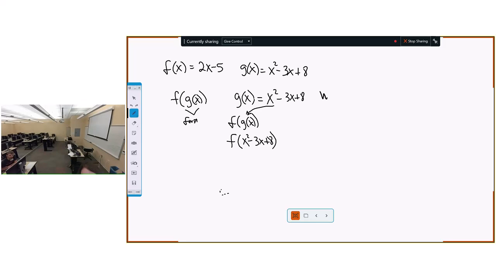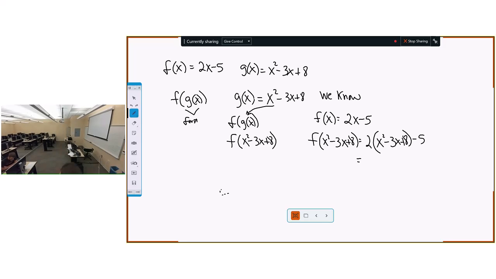So we know f of x equals 2x minus 5. So f of x squared minus 3x plus 8 says that every time we see an x, we're going to put the input value x squared minus 3x plus 8 in there. So that's 2 times the expression x squared minus 3x plus 8, minus 5.